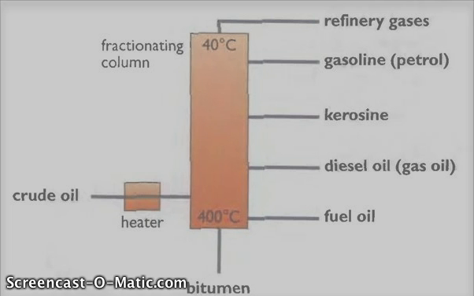After refinery gases, you will find gasoline, also known as petrol. Then you will find kerosene, and then diesel oil, also known as gas oil. Just before the bottom you'll find fuel oil at around 360 degrees, and then bitumen is at 400 degrees, which has the largest hydrocarbons.